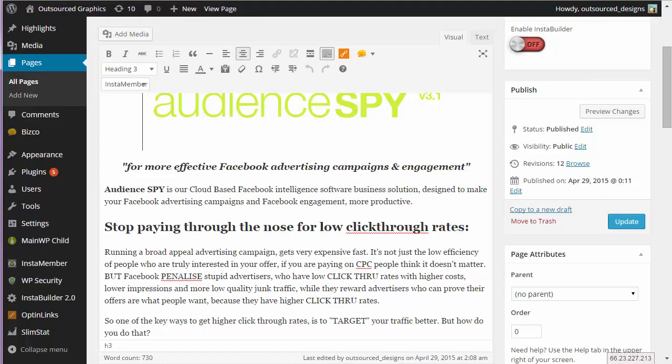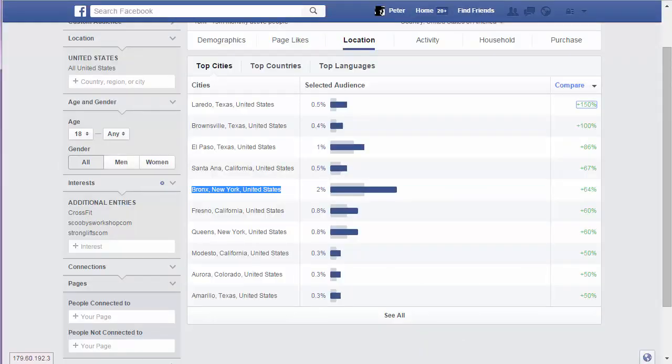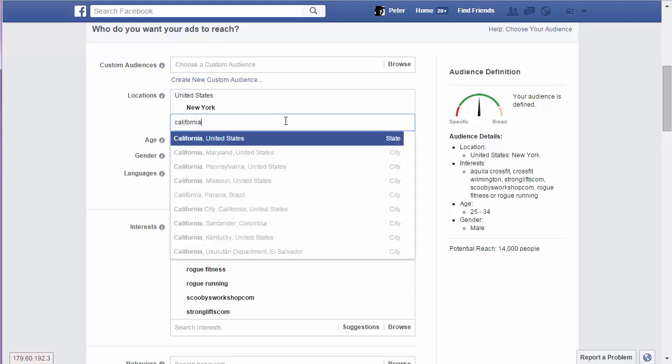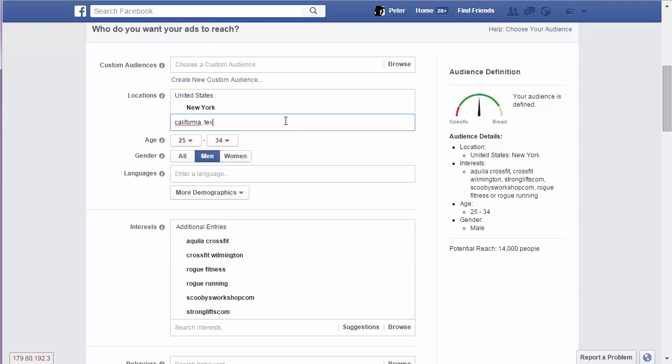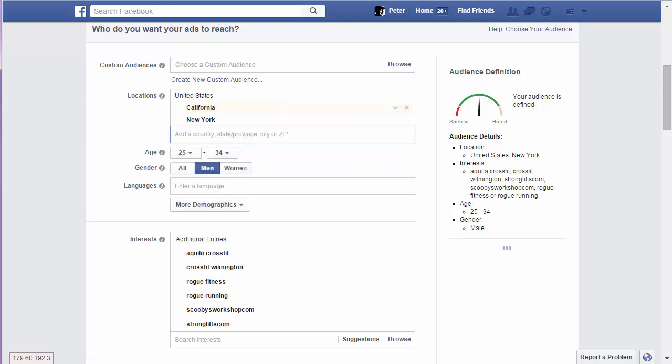Let's see what the other locations were. So California and Texas. Oops, I spelled that wrong. Oh, I see. Texas.